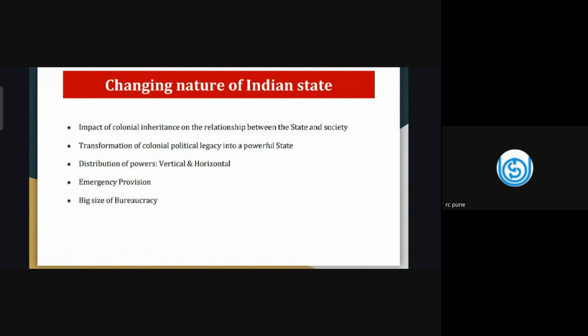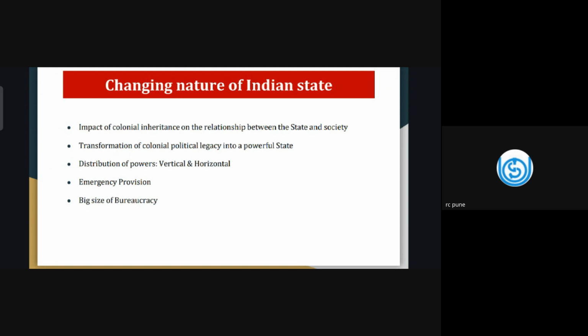Okay. There is debate over the size of bureaucracy as well, wherein government is nowadays trying to minimize the power of the government or bureaucracy. So for that, government is moving towards downsizing the bureaucracy. Right?